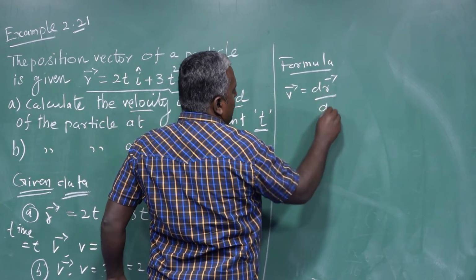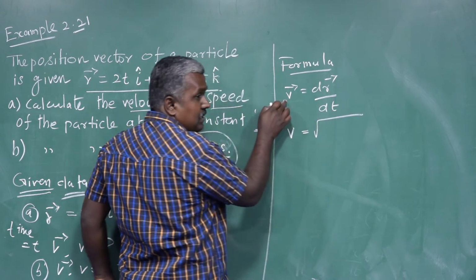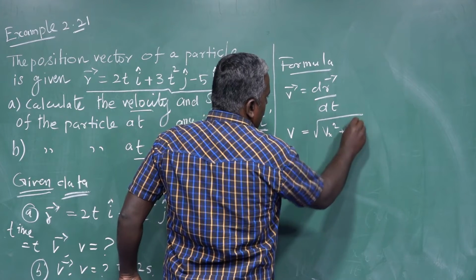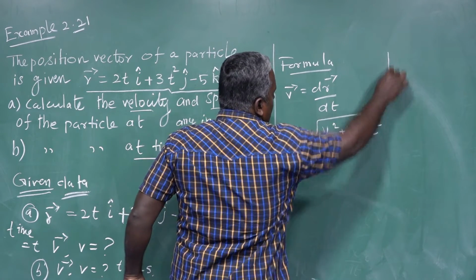For velocity, v vector is equal to dr vector by dt, and for speed, v is equal to root of vx square plus vy square plus vz square. Okay, that is the formula.